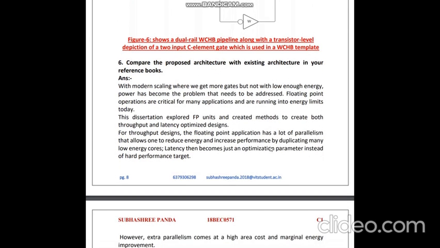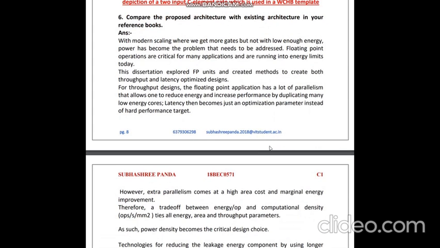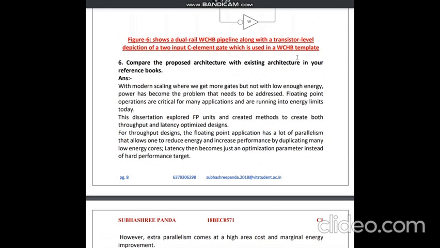Now coming to the very important question, the most important question proposed. We need to compare the proposed architecture with existing architecture given in our reference books or articles. So obviously this FPU architecture has been implemented on FPGA, wherein VHDL is used to describe the behavior of the FPU, and the section demonstrates the implementation scheme and architectural parameters for performing the floating point arithmetic operations, and the architectural behavior of the FPU has been realized using appropriate VHDL.